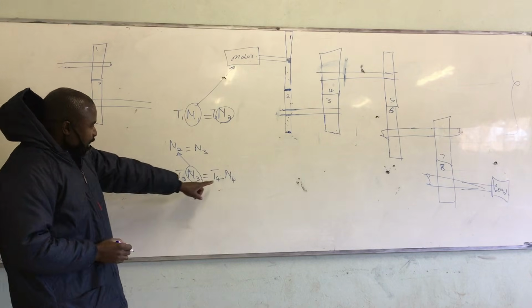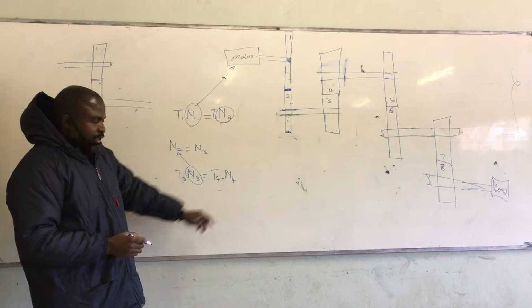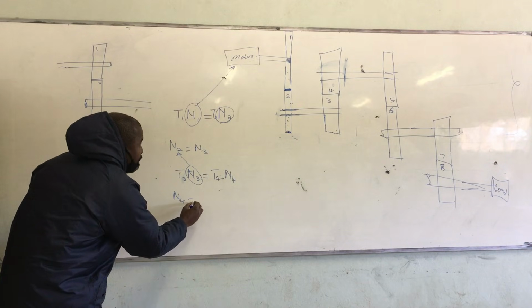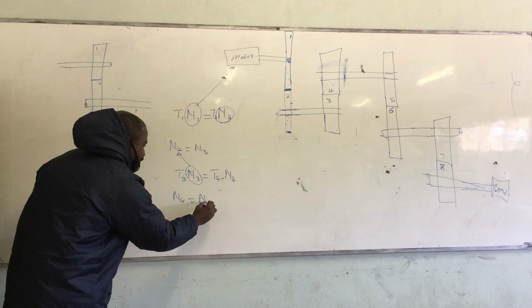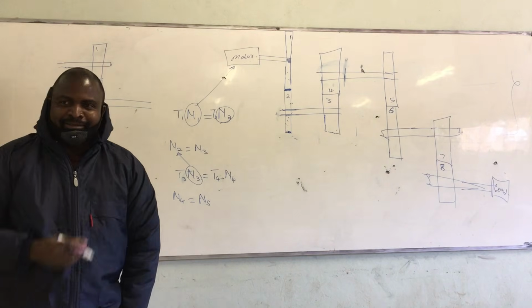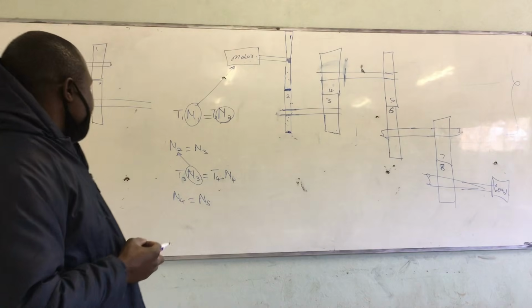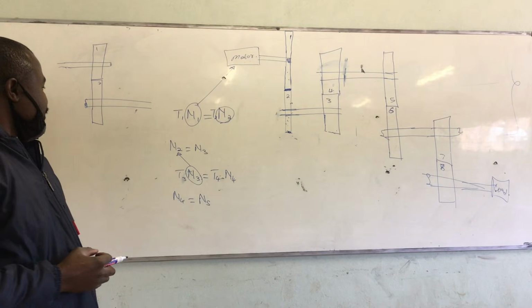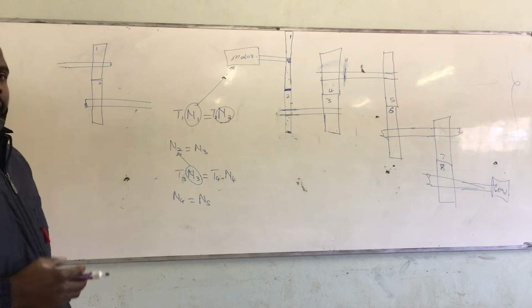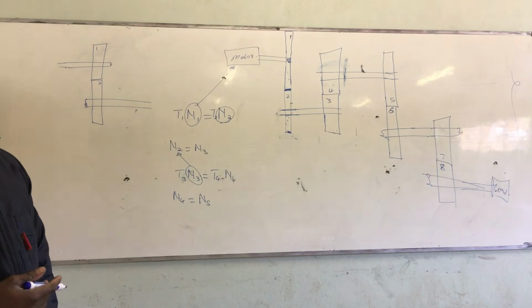So now we can calculate N4. So from there, we know that N4 is equal to N5. You understand me? It goes like that up until the end, depending on what it is that you need to calculate.